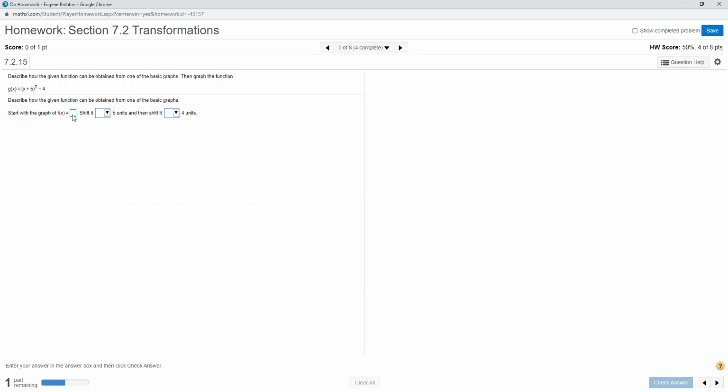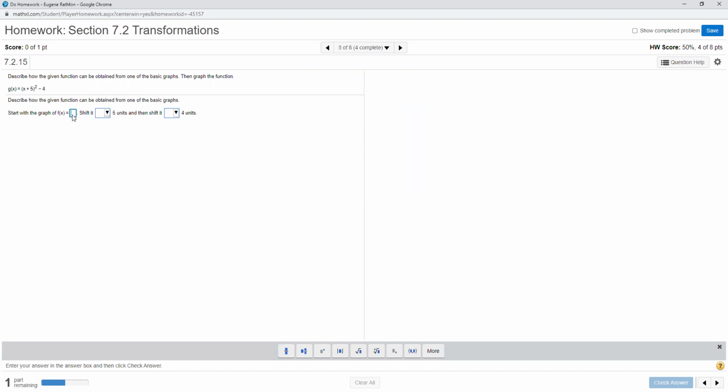So the basic graph we start with, once again, is the x squared graph, because I see that exponent 2 there. So the 5, since that was plus, we went left 5 units. And then since this 4 at the end was negative, it went down 4.